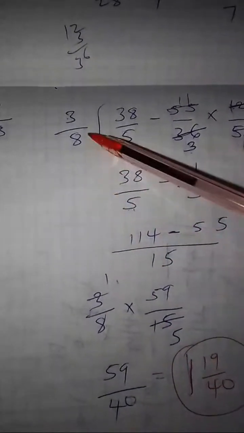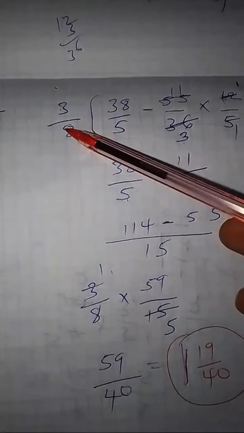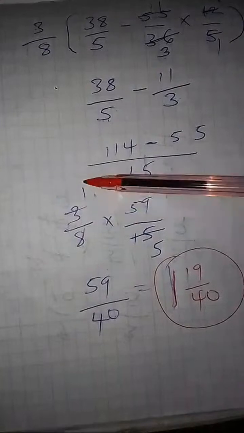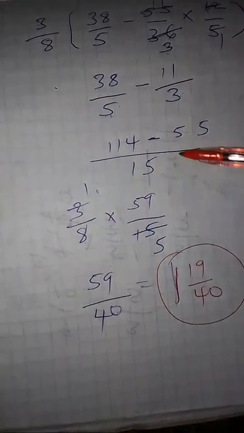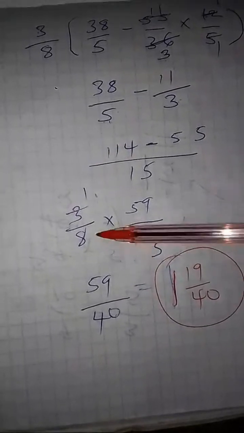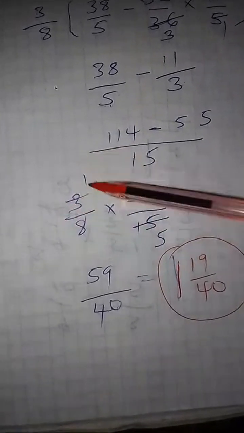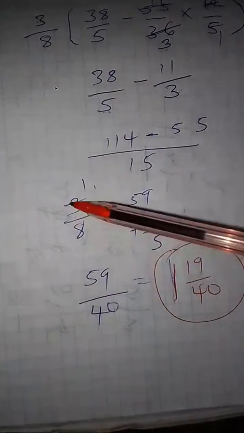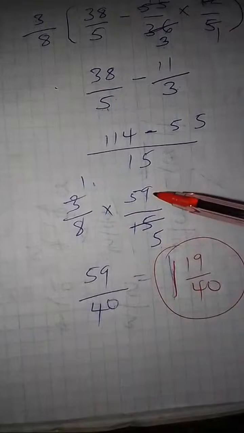Then now we bring 3 over 8, so we multiply it by 3 over 8. When it is multiplied by 3 over 8, we simply simplify. Like here we have picked 3, 3 into 15, 5. So here now 1 times 59 is 59, and 8 times 5 is 40. So that's why we have arrived at that particular answer.